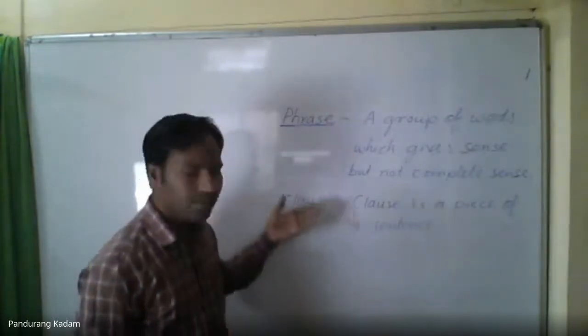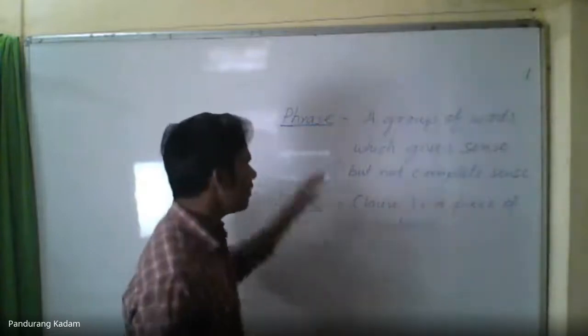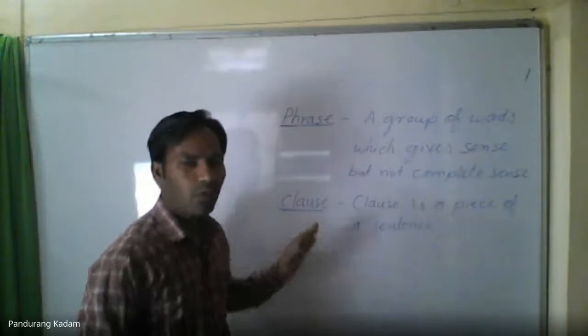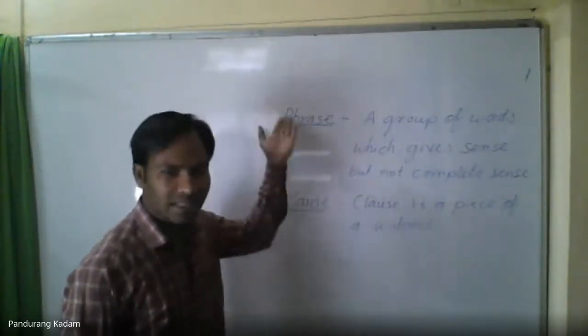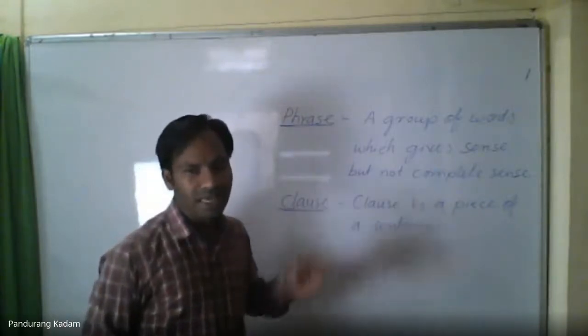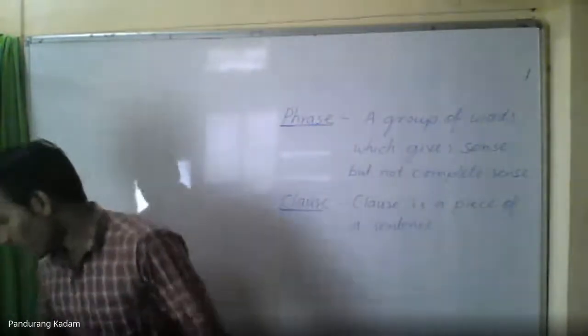So that piece of sentence is known as clause. But the major difference between phrase and clause is that a phrase does not have its own verb. It depends on the verb of the given sentence. But a clause has its own verb. We will see examples of both now.